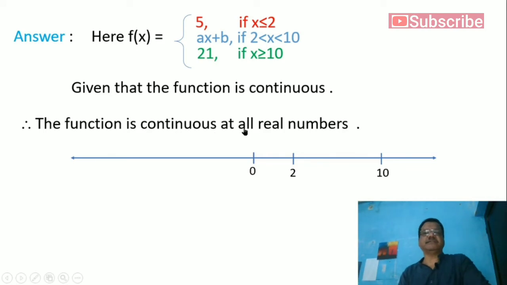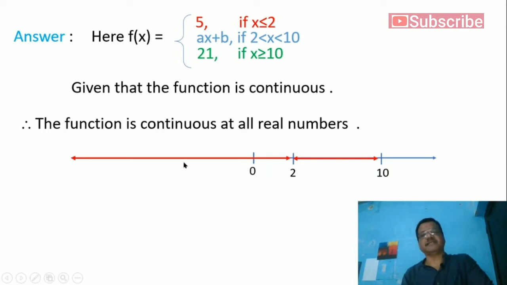The function is continuous at all real numbers because you see here x is less than 2 means this part. These are all real numbers which are less than 2. Here f(x) is defined as 5. Okay, next this part 2 to 10, f(x) is equal to ax plus b, means the function is defined from minus infinity to 2 and 2 to 10. At 2 also it is defined, the equal sign is there, right?